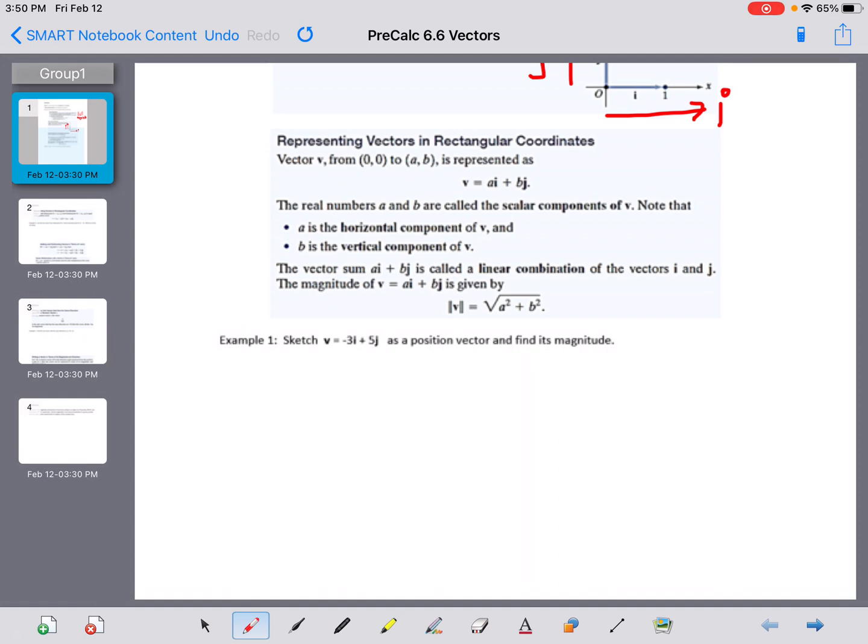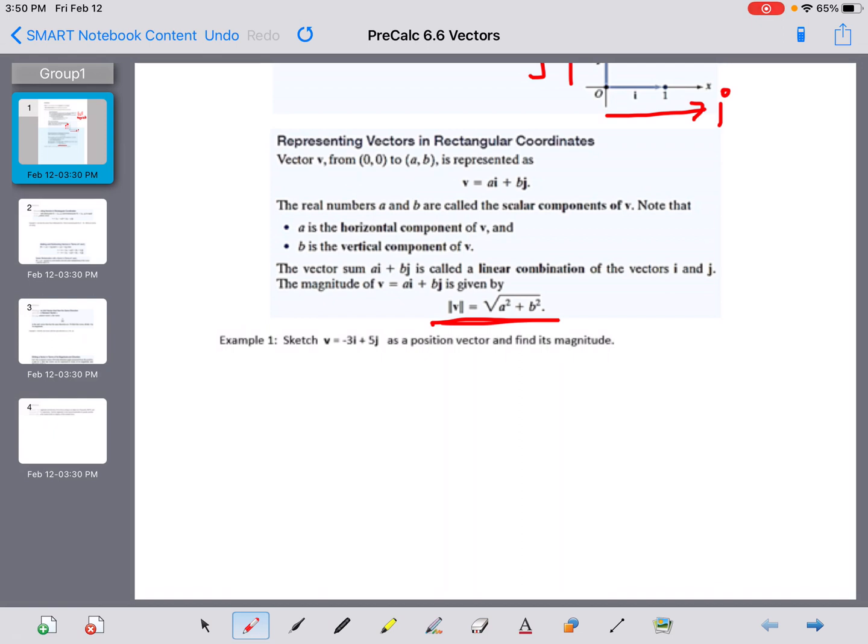So v is our vector, and whatever horizontal movement stays with the i, whatever vertical movement stays with the j. The magnitude is the square root of a squared plus b squared, which looks like our r that we've been doing since we started polar coordinates. So the math involved will look similar to that.